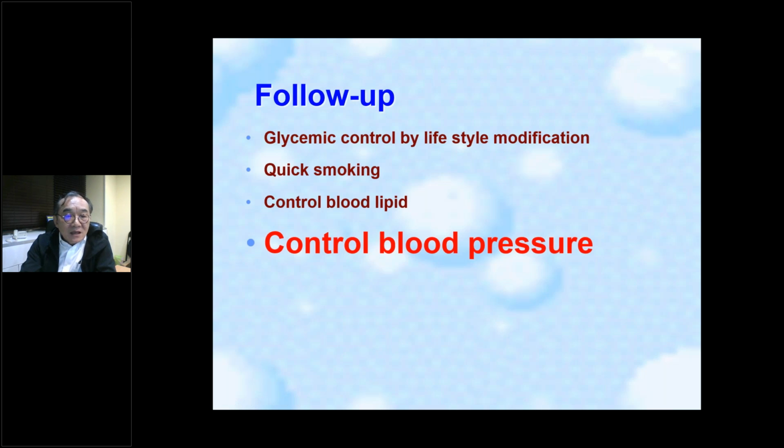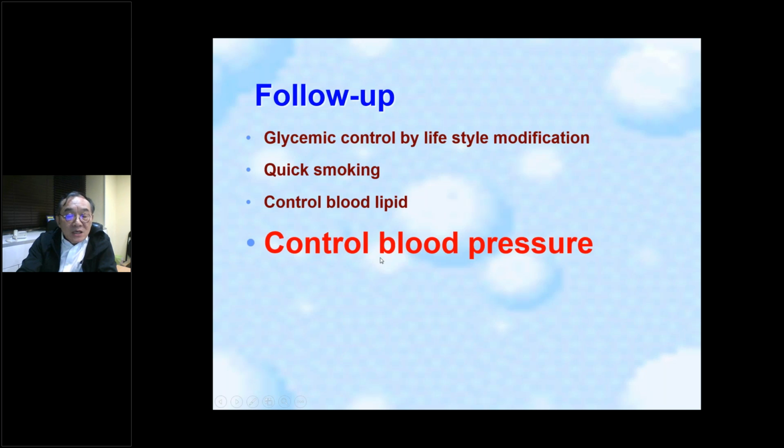And third, of course, we need to continue controlling blood lipids if patients still have hyperlipidemia. But most of them will have normal lipids after bypass surgery. So the one thing we need to look at, from our experience, is that most of them still have some hypertension. We need to control the blood pressure. I think it's the most important thing we can do now.